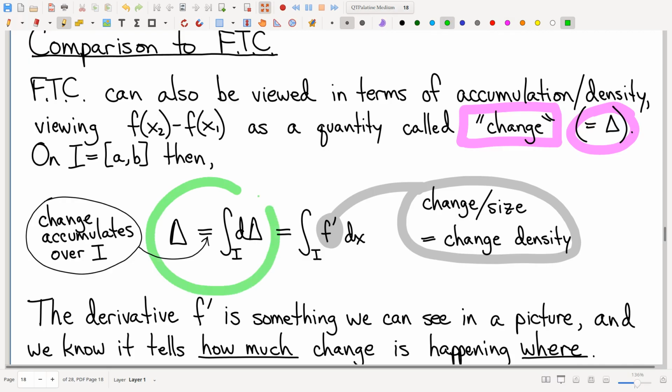Now let me talk you through this. How can you have a sense for change being an accumulating quantity? Well, let's think about when I was 5 years old, I was probably about this tall. Between that age and age 10, maybe I grew 9 inches. So I grew 9 inches over 5 years.